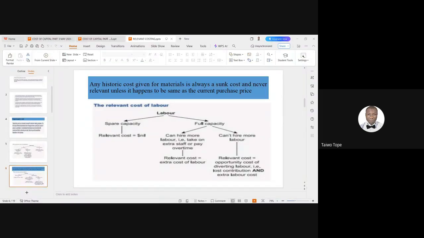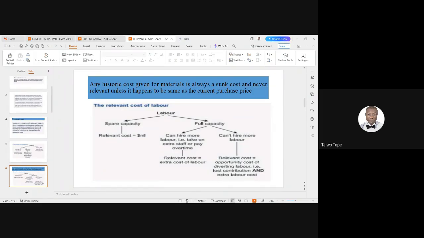If you look at the slide, you see full capacity, where you can hire more labor, that is, take on extra staff or pay overtime. Now, in some situations, those who are fully engaged have an agreement of 8 to 5. But because of the demand at hand, you want them to work extra hours.